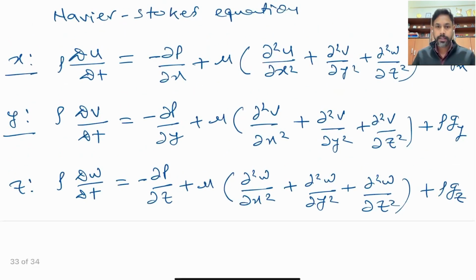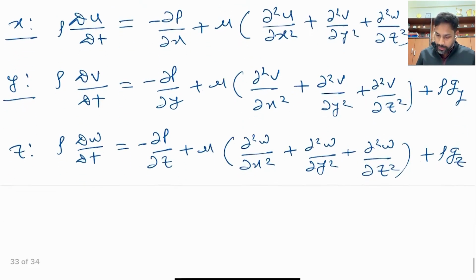So these are three different Navier-Stokes equations written in each direction, x, y, and z, because we have to do a force balance or momentum balance in each direction individually. And the capital D by dt that you see here is actually the material derivative, something that we already did just a few minutes back.